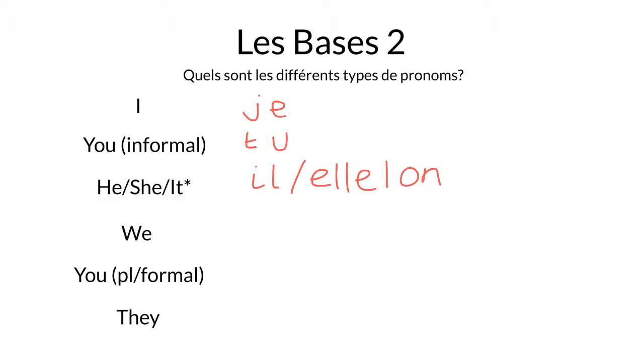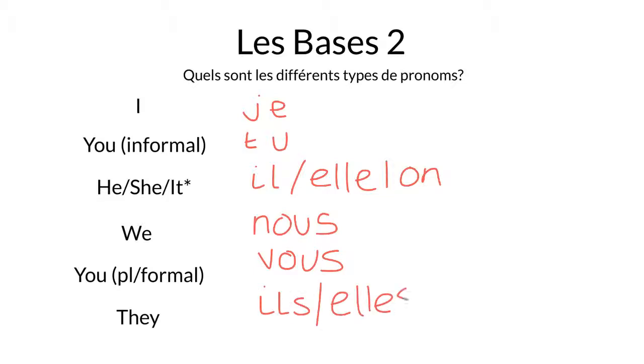For we, it is nous. For the informal and plural you, it is vous. And for they, it is ils or elles. It is dependent on the gender of the people.